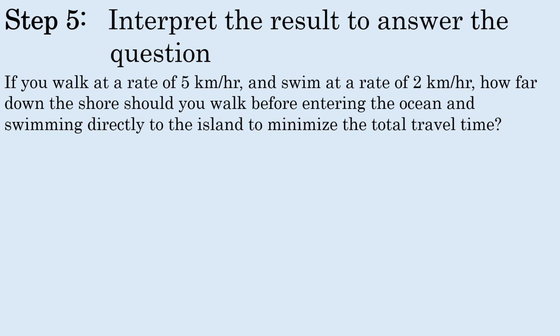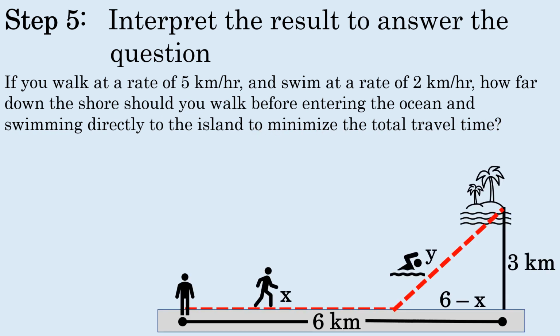Minimize the total travel time. We drew a diagram. Realize in this diagram we just found a value of x that optimizes the situation. X represents the distance walked. X represents the distance that the person would walk in this situation when we are optimizing total travel time.